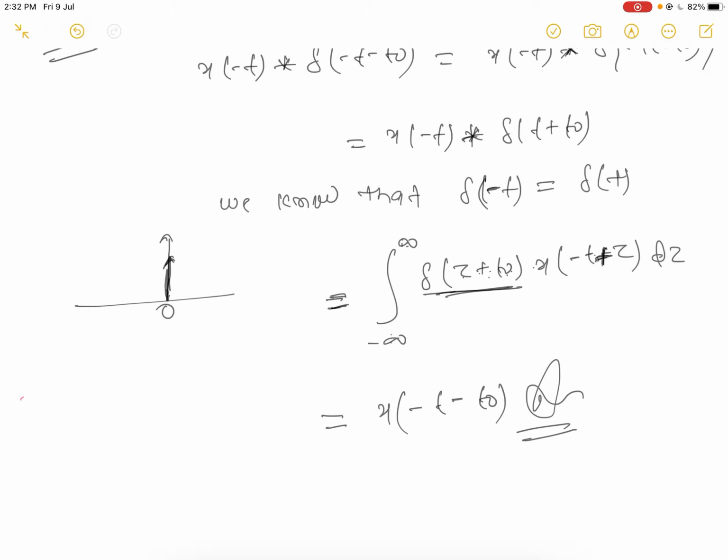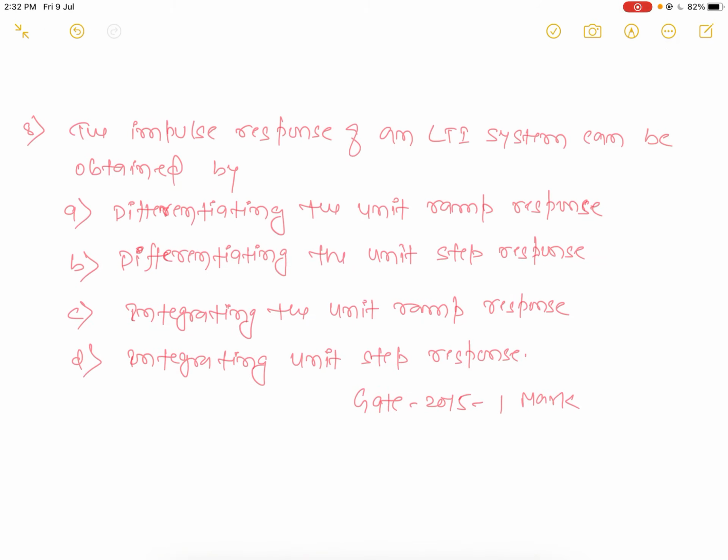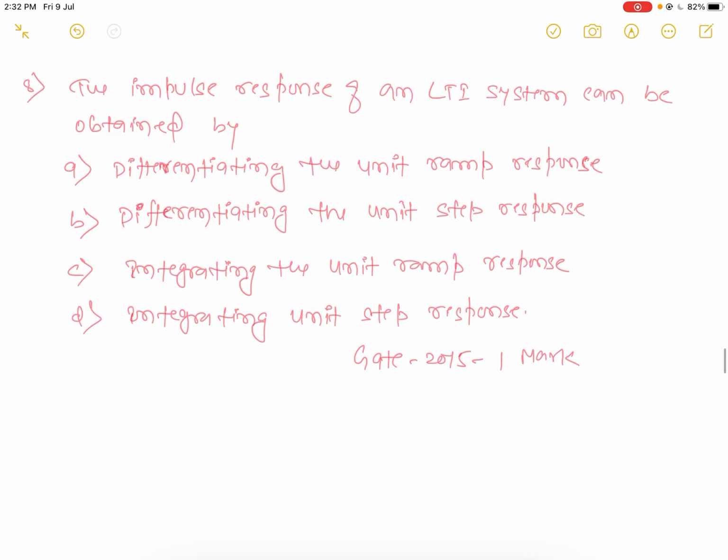Okay, now come to the next question. The impulse response of an LTI system can be obtained by... Here is a system which is LTI, we apply an input and we get the output response.